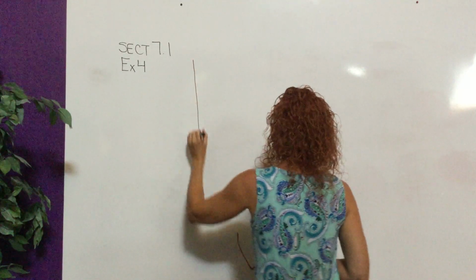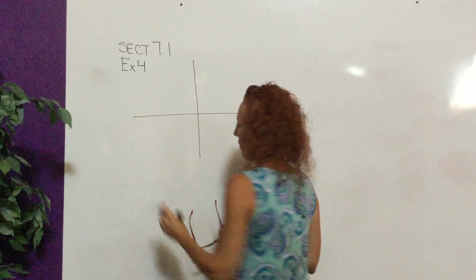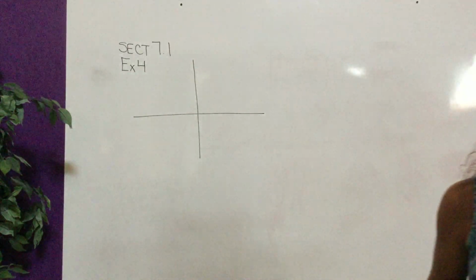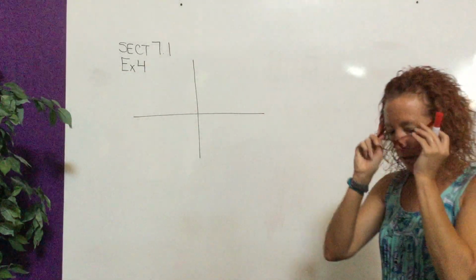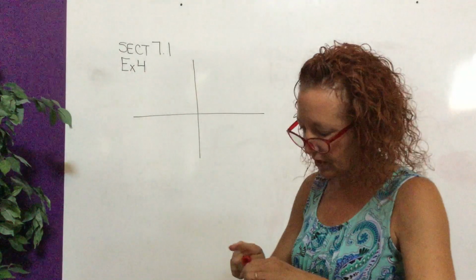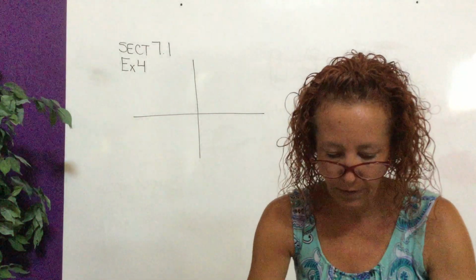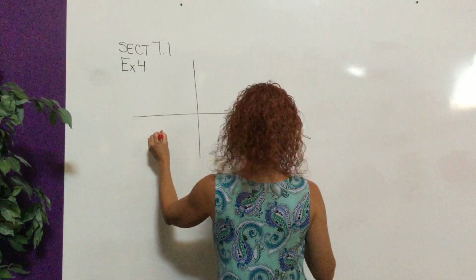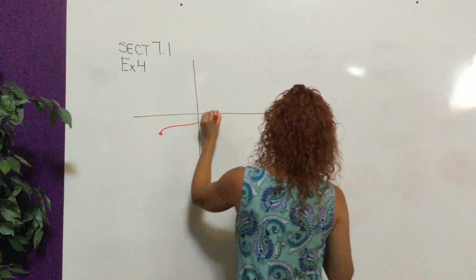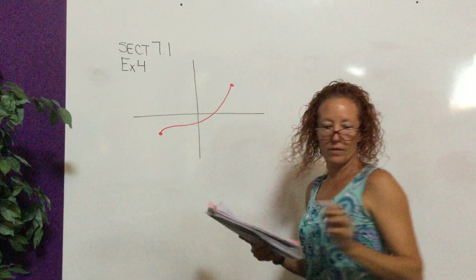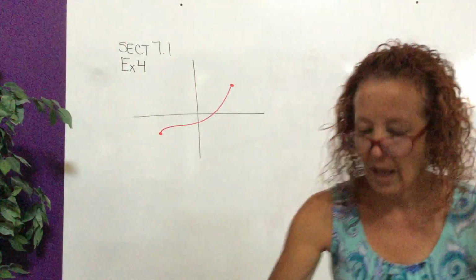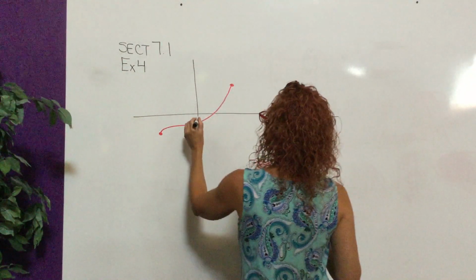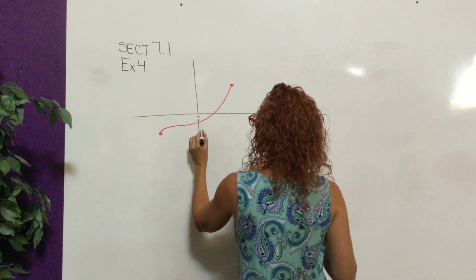So what happens is that you have your coordinate plane, and you have some type of graph. And so let's say it goes like this. And let's make this -1, -2.